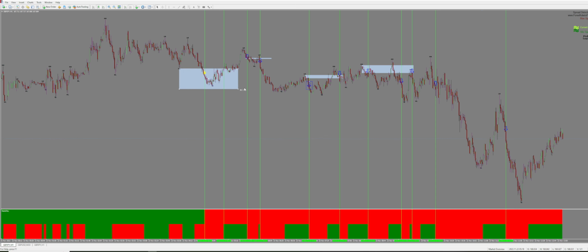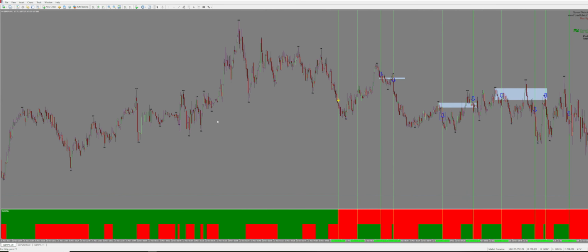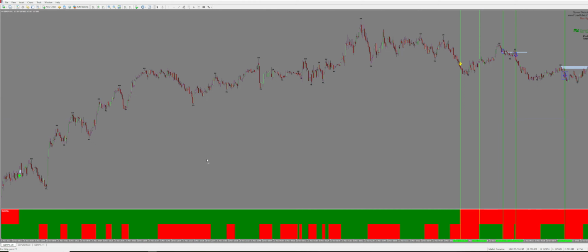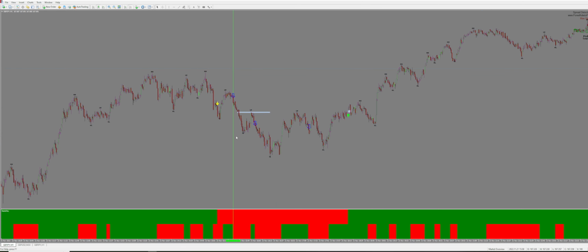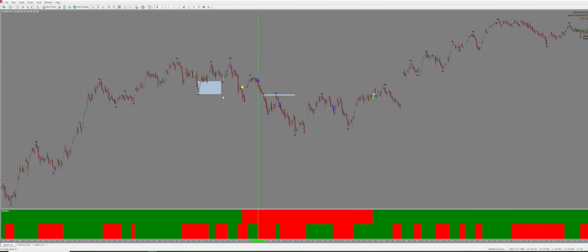So the algorithm has got an advanced method of understanding this market. It translates these movements in a very intelligent way. We were taking out lower highs here, took out a higher low here, and we took out another one there, and then immediately the tool said, okay, this is good enough.